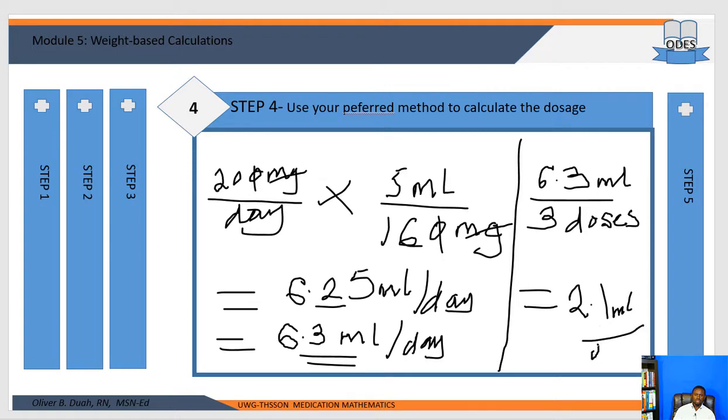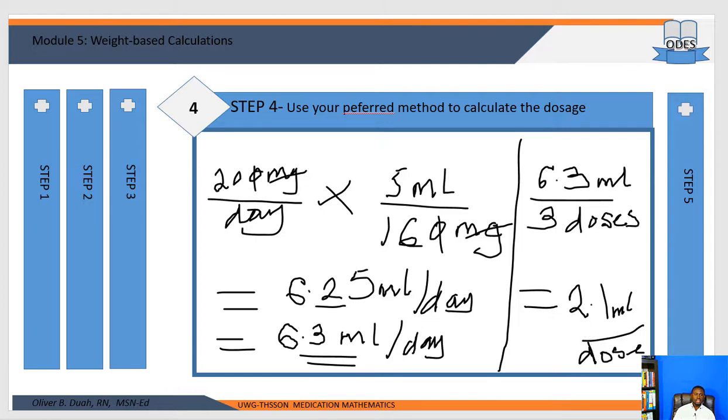And this is going to be per each dose. Okay, so this is going to be our per dose, and then this is going to be our per day dosages that we will give to the client.